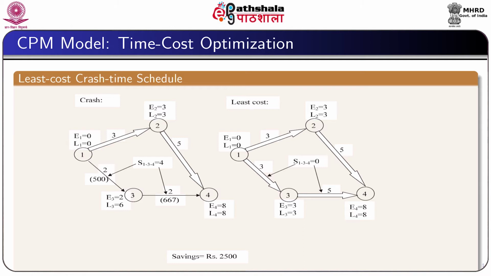So, ultimately the activity time for the activity 1-3 will be 3 and the activity time for the activity 3-4 will be 5 and then there will be no slack. This indicates that the path 1, 3, 4 will also be a part of the critical path.